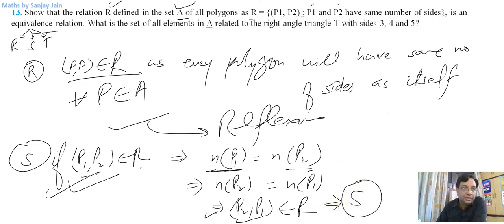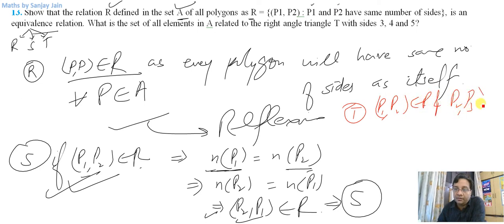Now let us check for transitivity. So P1 P2 belongs to R and P2 P3 belongs to R. This is what I am assuming, right? If it is true, then I need to check whether P1 P3 belongs to R or not.